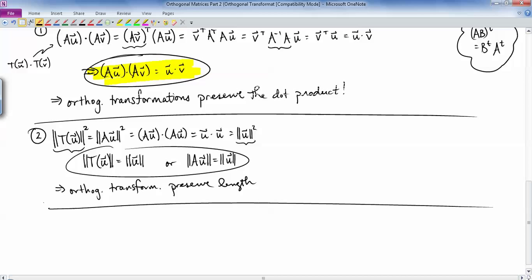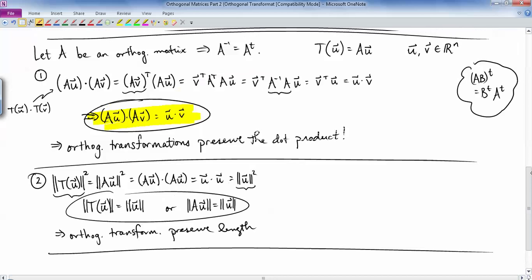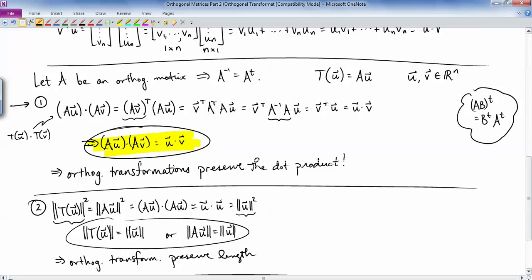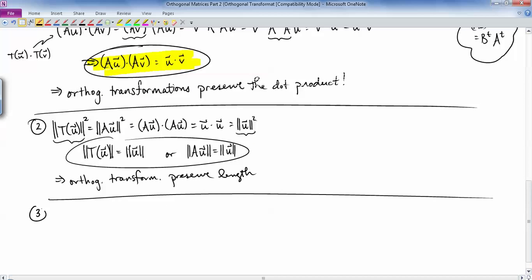And remember, this is still based off the fact that A transpose equals A inverse, because this property is based off of that. Okay, 3. Let's look at the angle between two vectors. So we know that the angle, so let's take U and V. So angle between two vectors U and V.